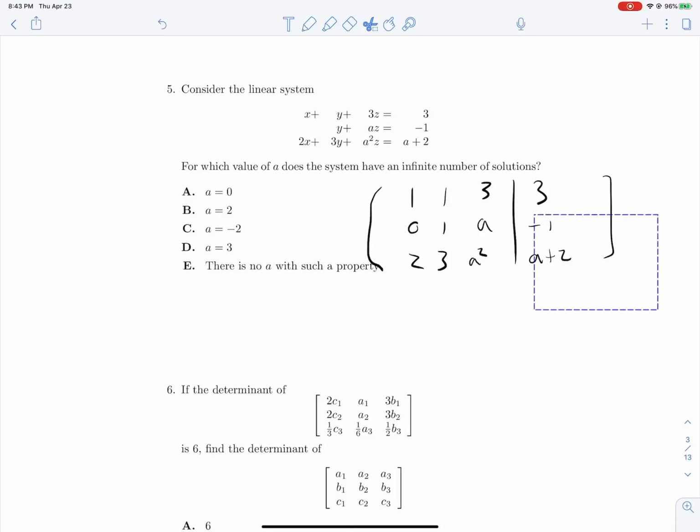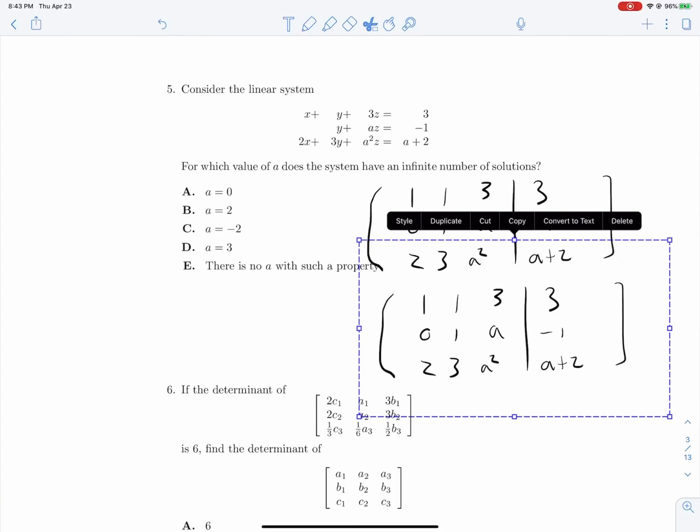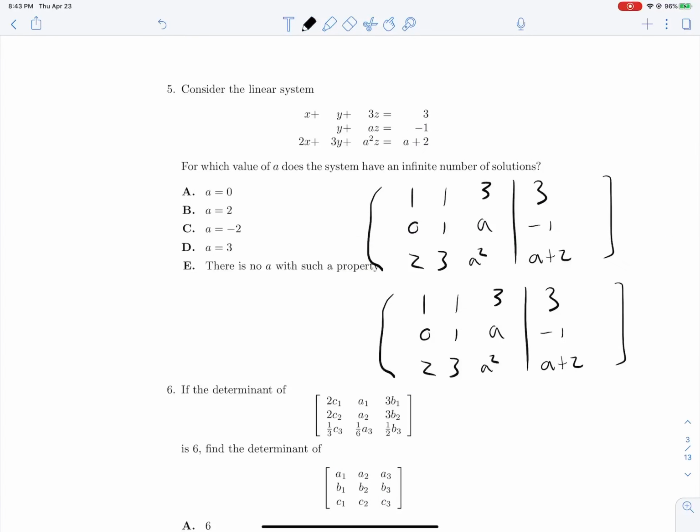Let's reduce away, but I will need a duplicate. Okay, let's subtract 2 row 1s from row 3. That will give us 0, 1, -6, and -4 here.